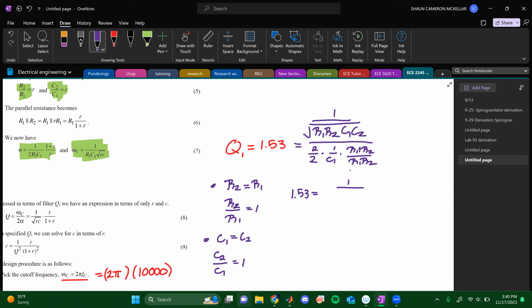If that was the case, then I would have 1 over the square root of R1 squared C1 squared in my numerator. In my denominator, I would have 1 over C1 times 2R1 over R1 squared. So I'll just start to simplify that. The numerator becomes this. The denominator becomes this.